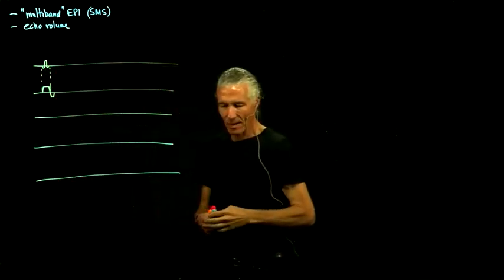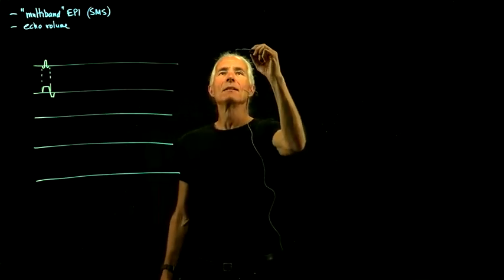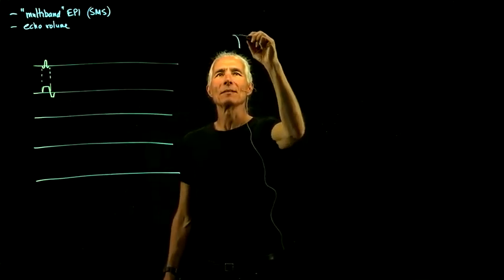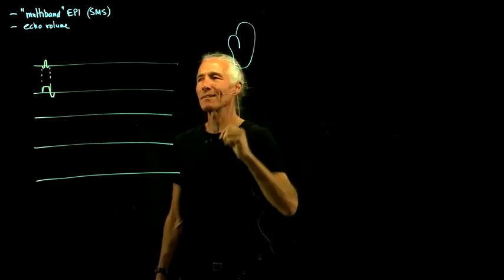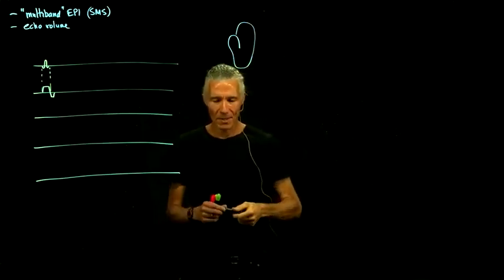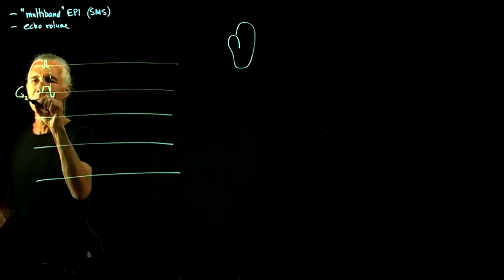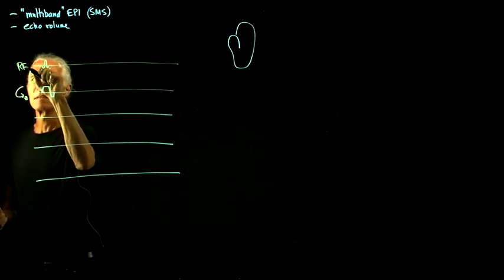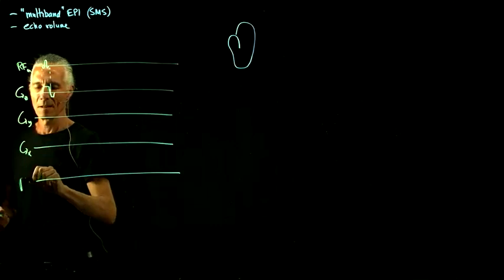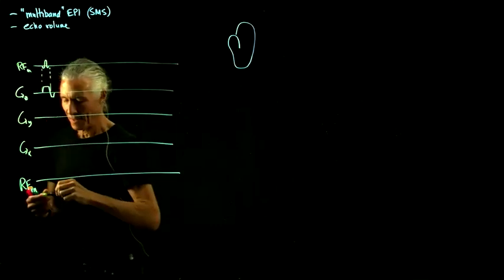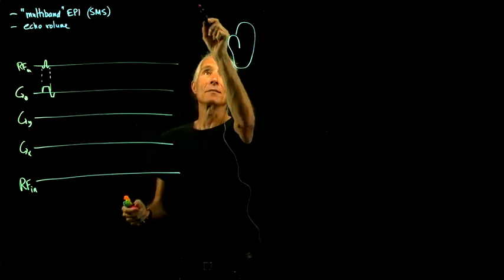Here I'll put somebody in the actual position that they're in. So here's their brain in the magnet with their eyes looking up. If we turn on that Z gradient, the GZ, and here's the RF in, here's the bore.